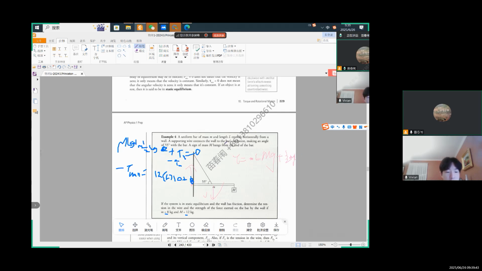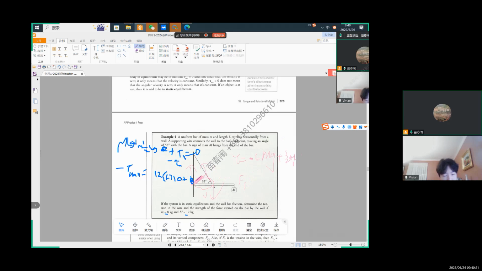And also because the tension is in here, and this part is 1 over 2 L. So it's F tension times sine.